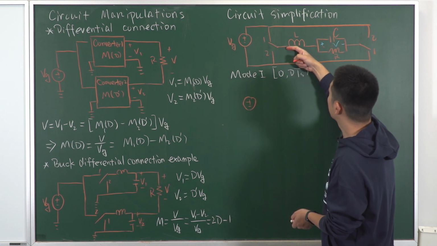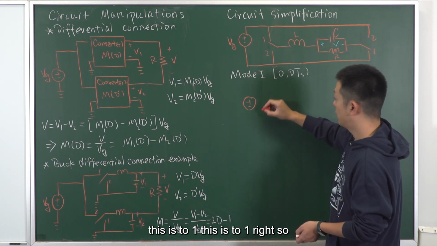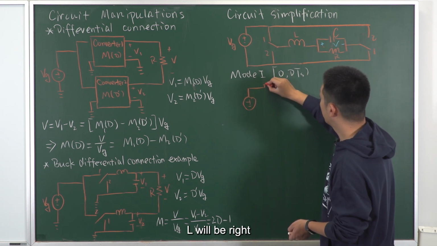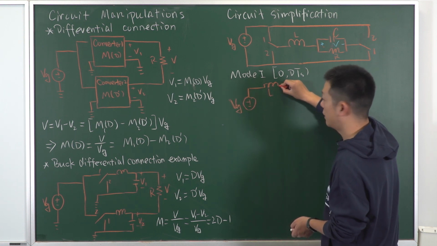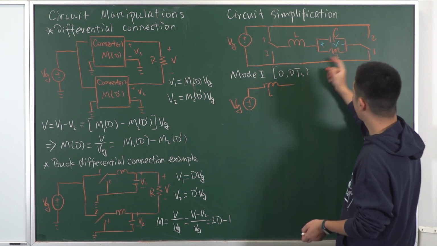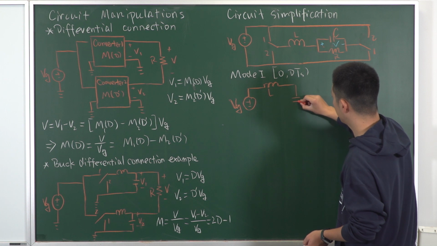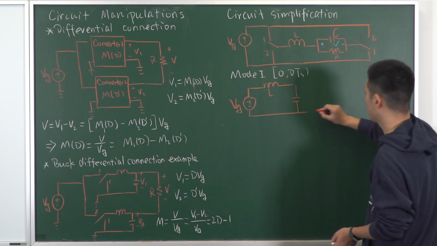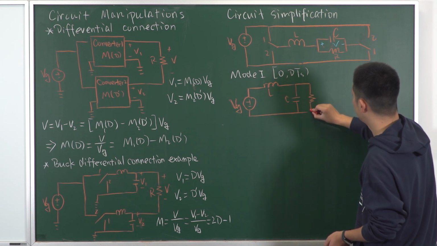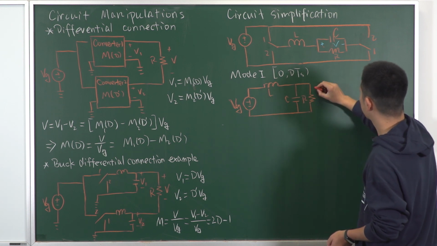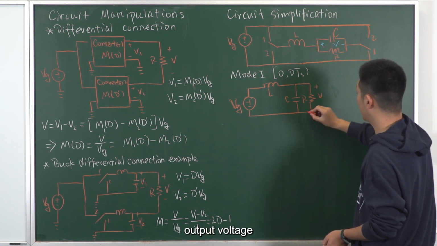So this is terminal 1, this is terminal 1, right? So L will be directly connected to Vg. And we have the output network here, C, R, and this is the output voltage.